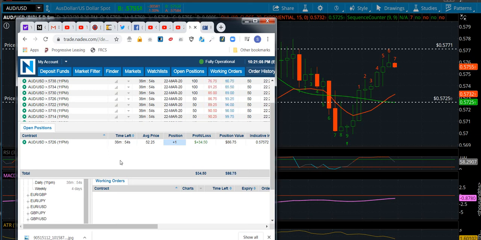So the more time passes away, the more expensive this option gets because there's less time.